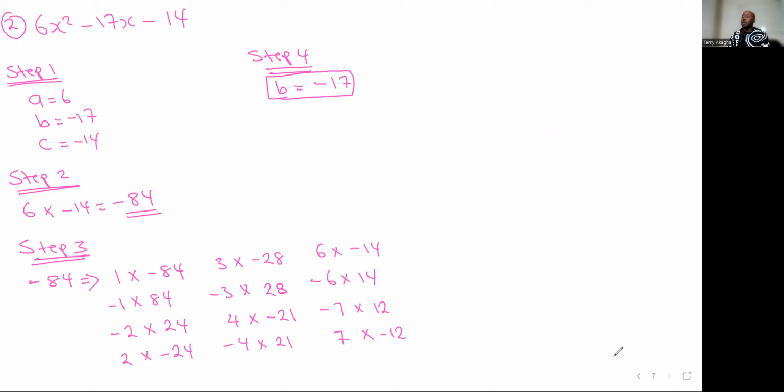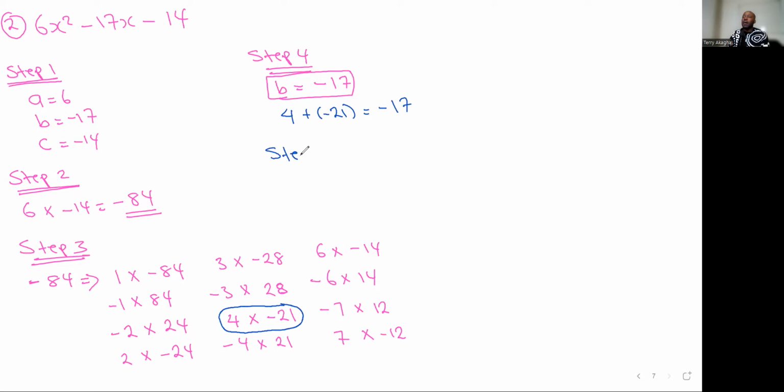If you check it correctly, the one that gives that is 4 and minus 21. If you add 4 and minus 21, it's going to give us minus 17. So 4 plus minus 21 gives us minus 17. That is the pair we're selecting.